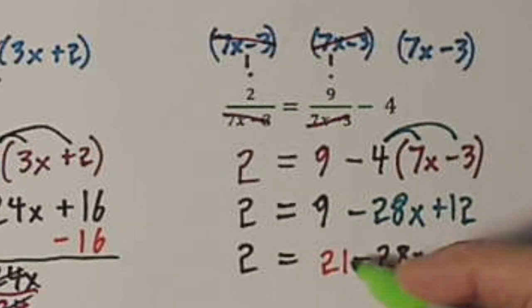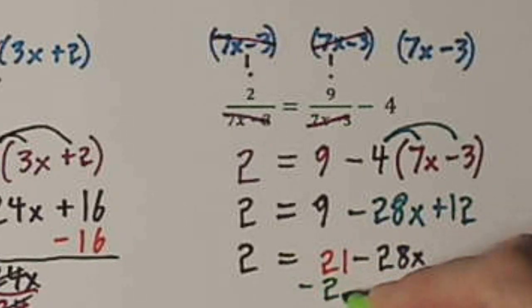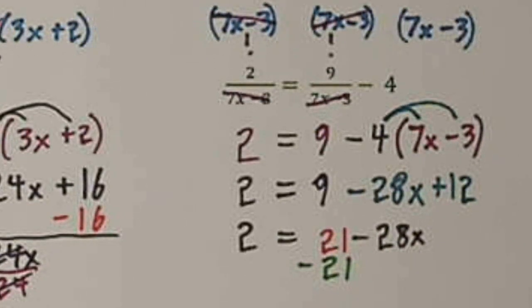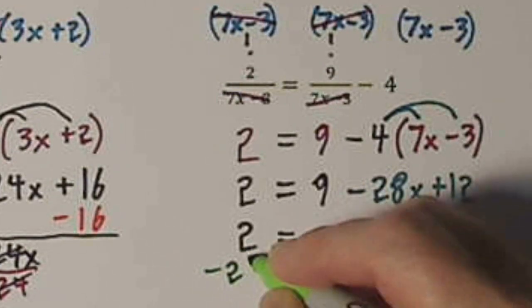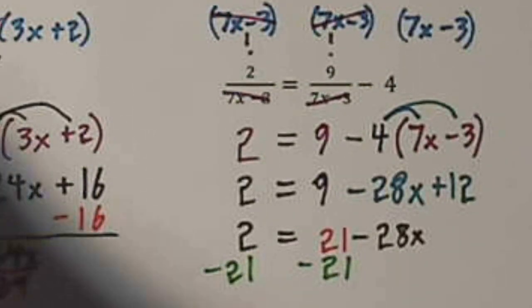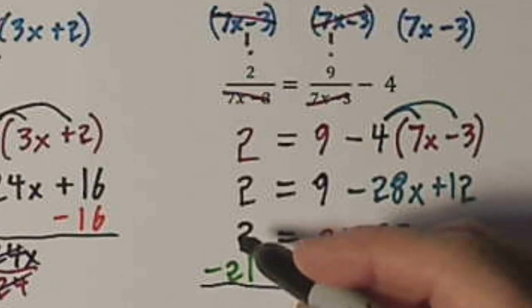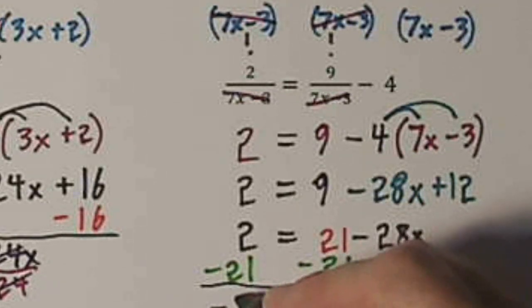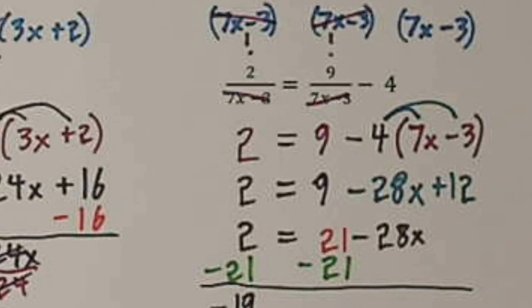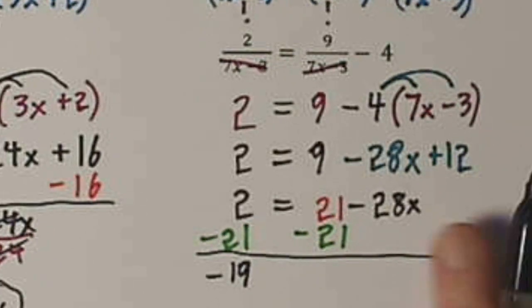Now get rid of your 21. It looks like another 19 is showing up here. So that's a negative 19. Whoops. I think I'll zoom out a little.